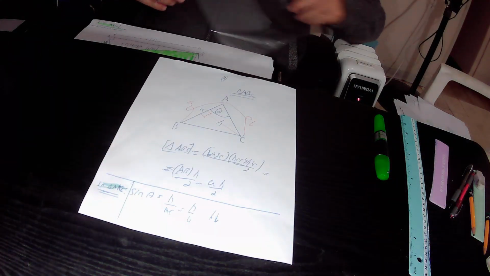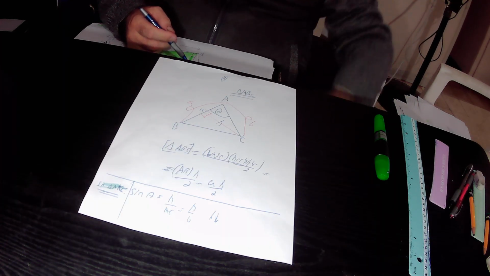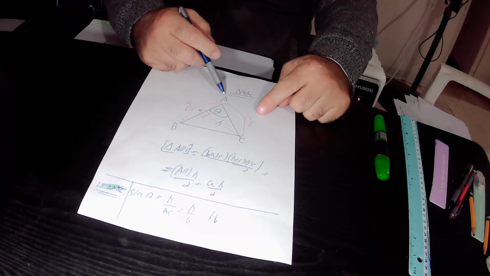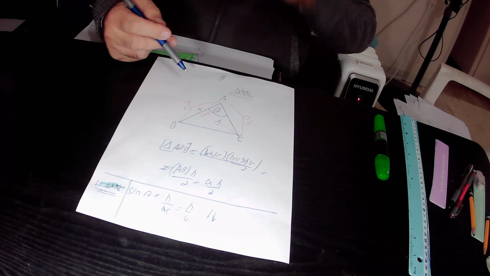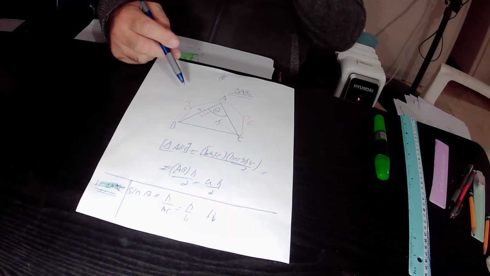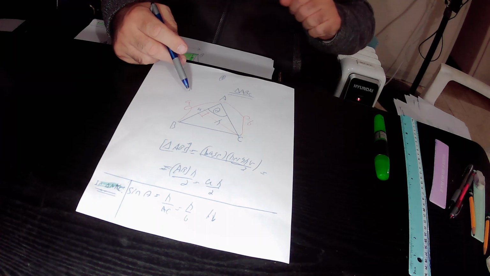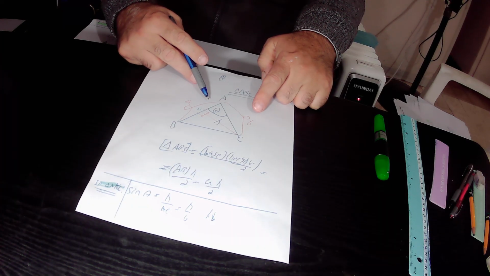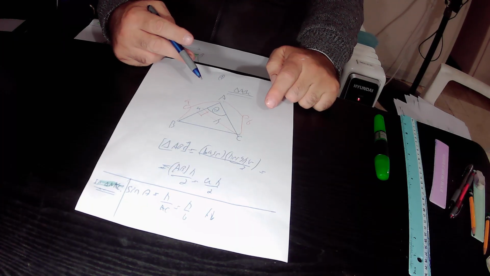The length of side AB equals A units, side AC equals B units in its length, and the angle between those two sides is theta. The area of this triangle equals the multiplication of those two sides by each other, A times B, times sine of the angle between those two sides, theta, over 2. Repeat again, the area of this triangle ABC equals A times B times sine theta over 2.